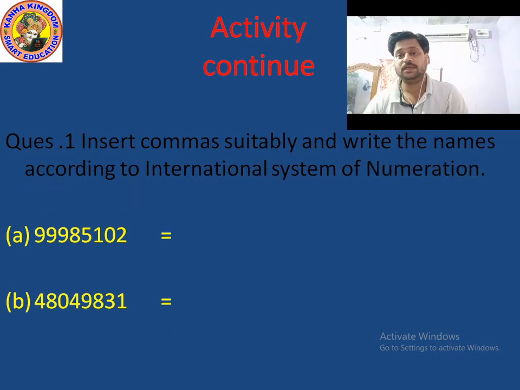Now this is also an activity part, and the same question related to the international system. The question is: insert comma suitably and write the name according to the international system of numeration.